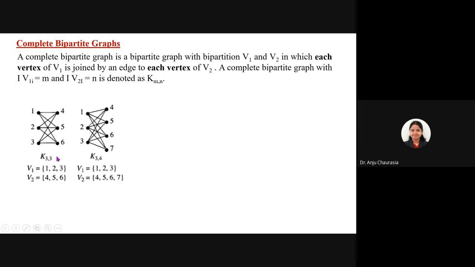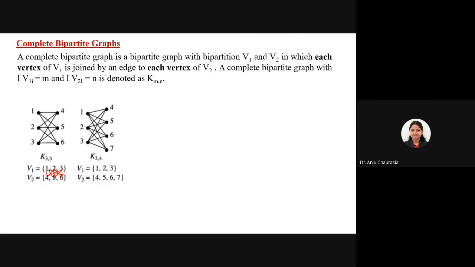You can see here. So student, for a complete bipartite graph, if you see the vertex sets here, V1, V2, 1, 2, 3, 4, 5, 6. 1 is connected to 4, 1 should be connected to 5, 1 should be connected to 6. Important definition. 2 should be connected to 4, 5 and 6, and 3 should be connected to 4, 5 and 6 by an edge, and the same for 1.